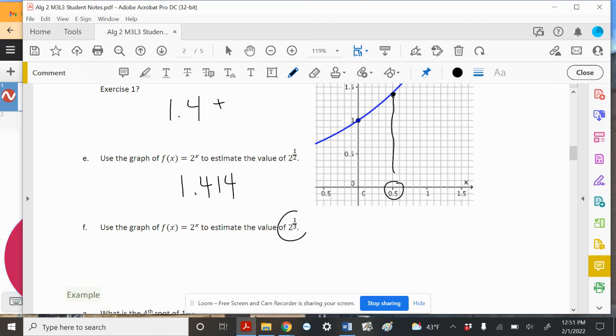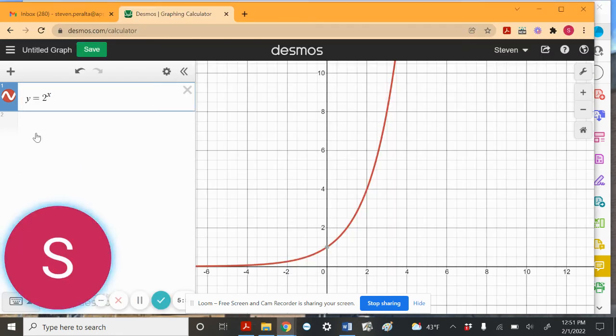Now, if we want to do 2 to the 1/3, when x is equal to 1/3, which is about 0.33, this is 0.5, here is 0.3. So 0.33 might be right around here. So it looks like it's pretty close to 1.25, kind of halfway in there. And now if we go over to a calculator and try to figure out what that value is, I can run the value and see what it is.